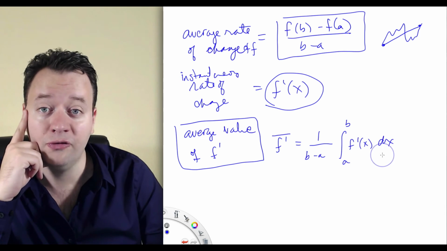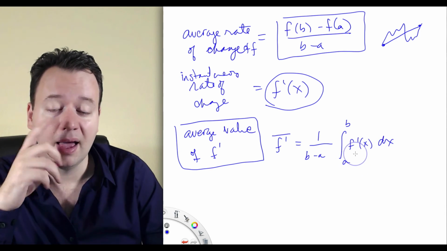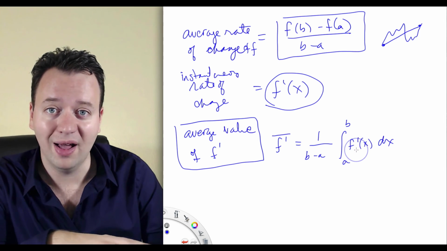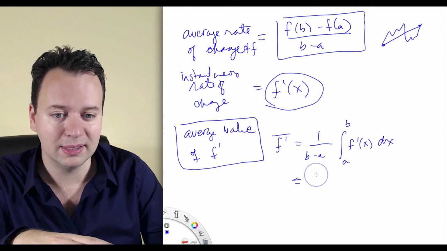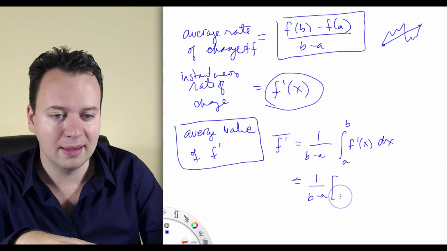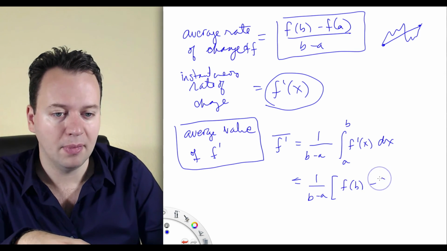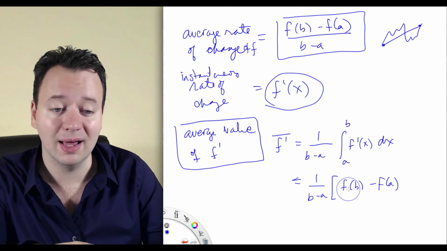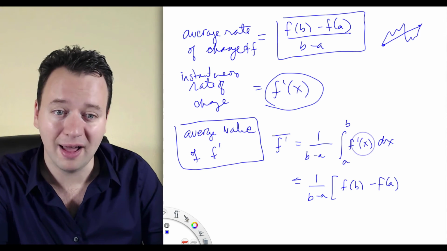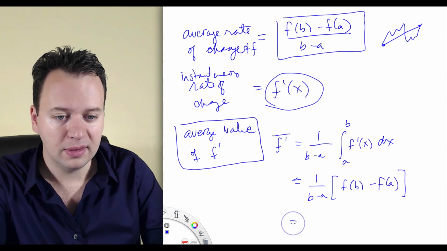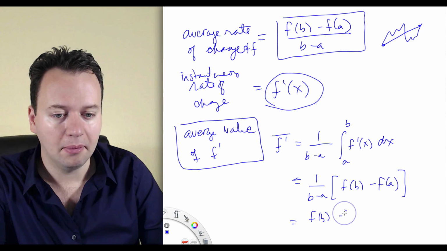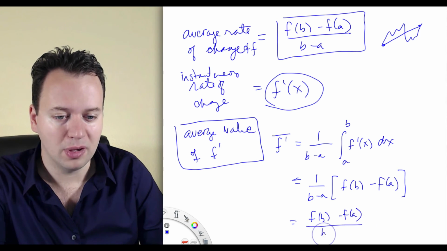If I apply the fundamental theorem of calculus, I have an antiderivative for f prime of x, it's just f of x. So this is the same as 1 over b minus a times f of b minus f of a, because little f of x is an antiderivative for little f prime of x. But this is the same as f of b minus f of a over b minus a.